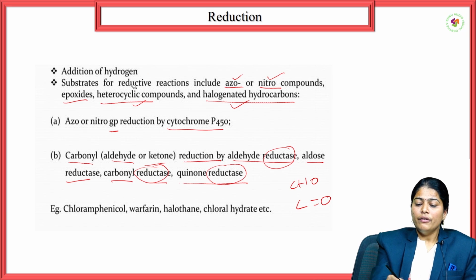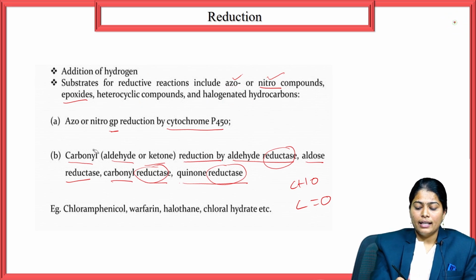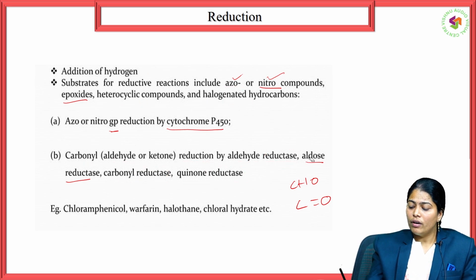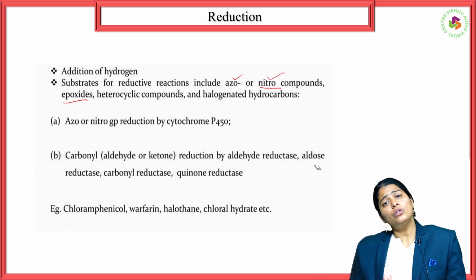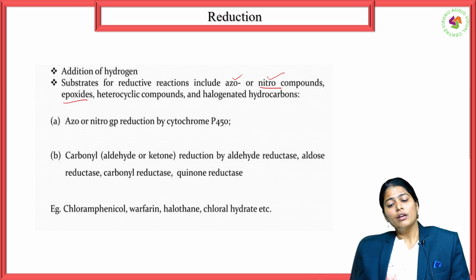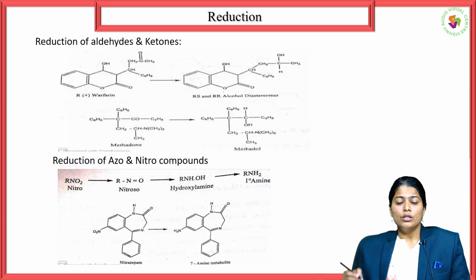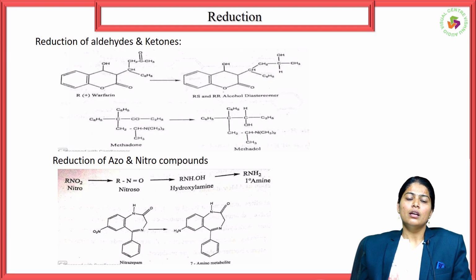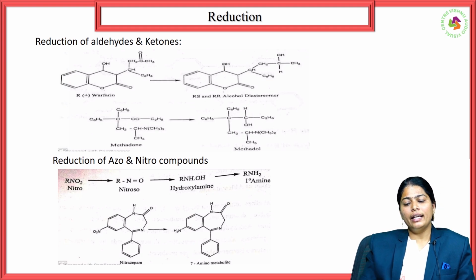Different types of drugs like chloramphenicol, warfarin, halothane and chloral hydrate all undergo the reduction reaction in phase 1 metabolism. See here the examples. First one, reduction of aldehyde and ketone.